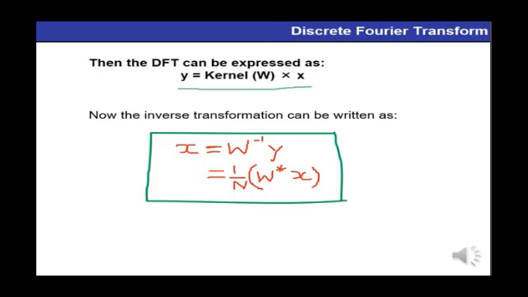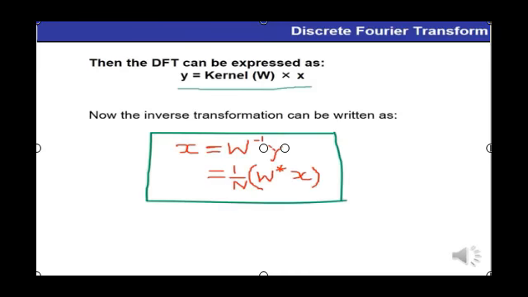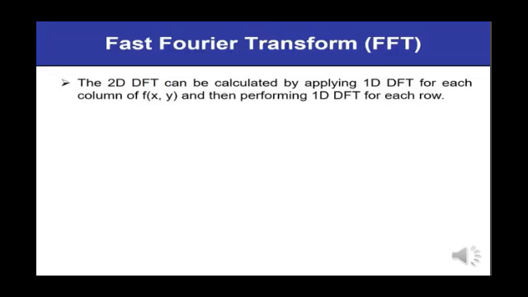That is, the inverse is X equal to W inverse Y, that is, 1 upon n W star of Y. Now students, W star is the complex conjugate of W, the W kernel.